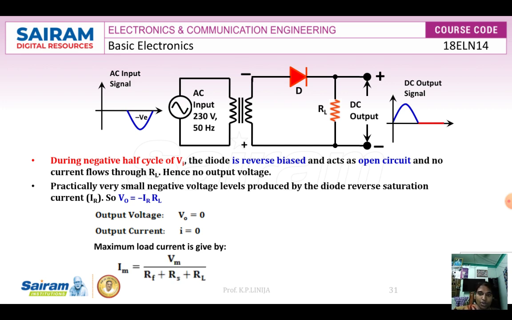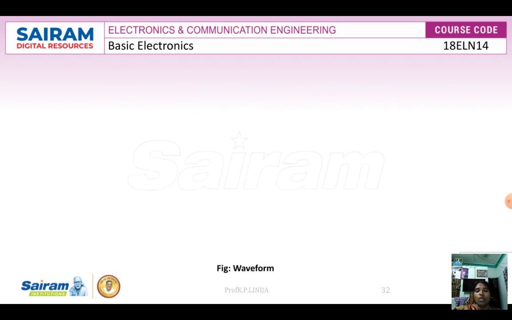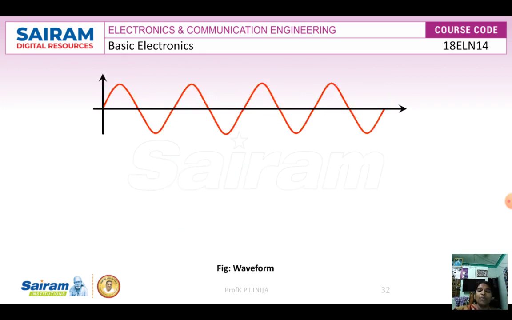Therefore Im is equal to the maximum voltage of the input Vm, from I equals V by R. Therefore Im equals Vm divided by RF plus RS plus RL, where RF is the forward resistance of the diode, RS is the transformer secondary winding resistance, and RL is the load resistance.